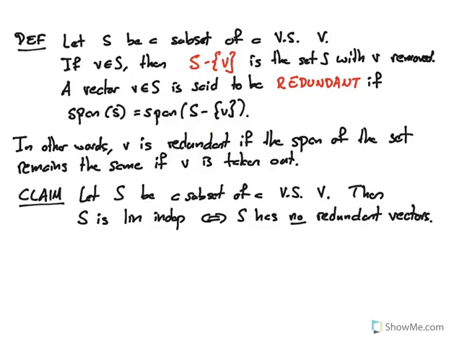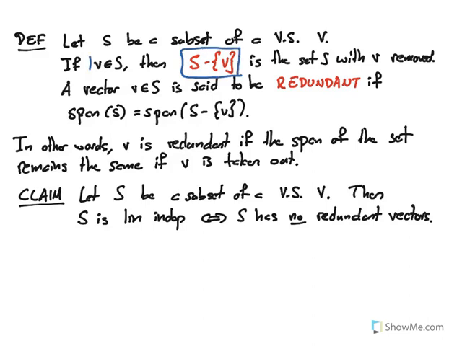So this leads us, let's continue on this trend a little bit about writing vectors as linear combinations of the others. First of all, we have to define a couple of things. Let S be a subset of a vector space V. Then first we're going to define what it means to subtract an element from a set. So it's this notation here.